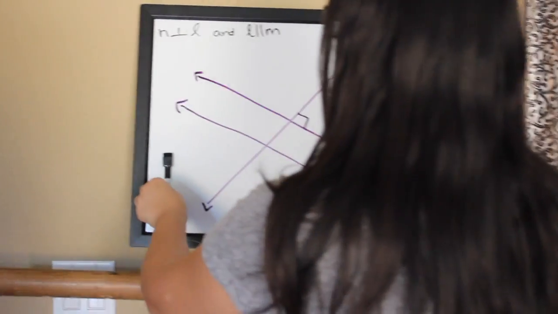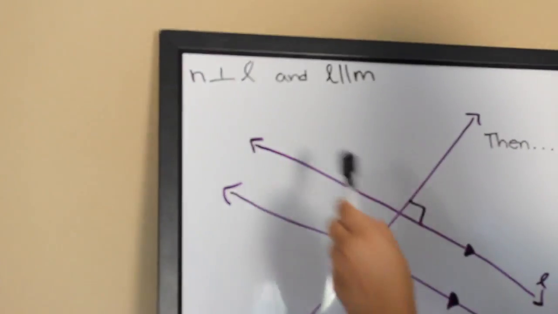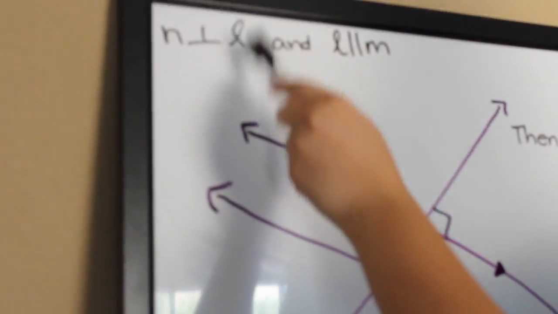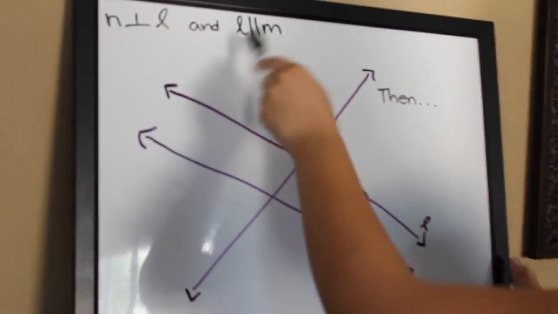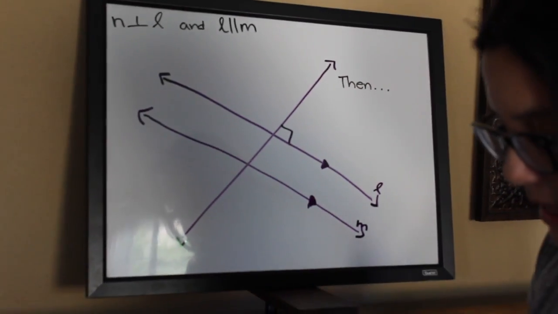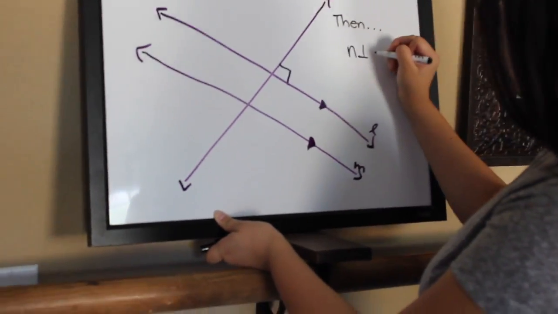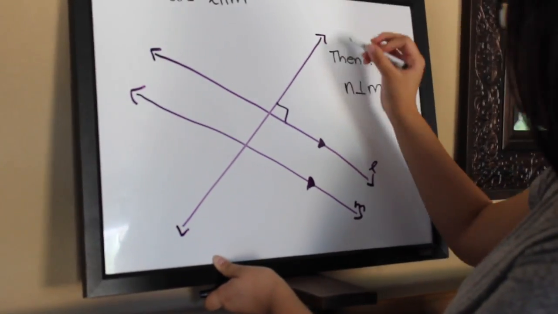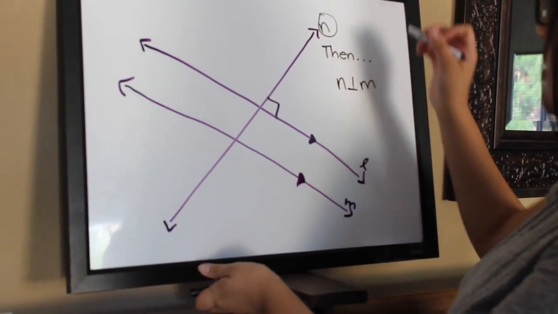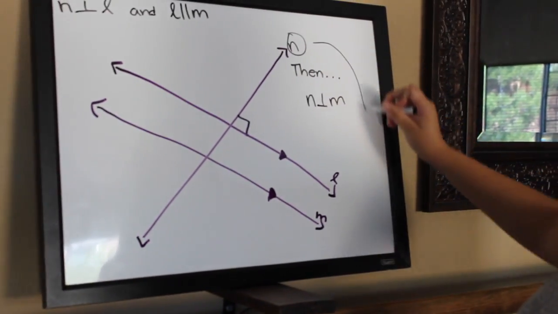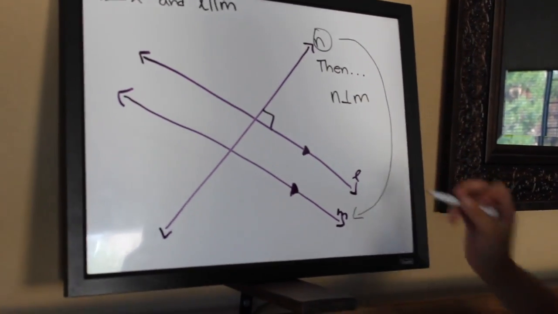So here, if N is perpendicular to L and L is parallel to M, that means that N is perpendicular to M, and N is right here. So it's perpendicular to M.